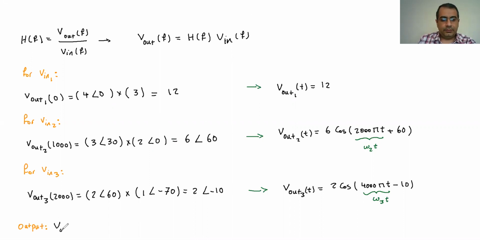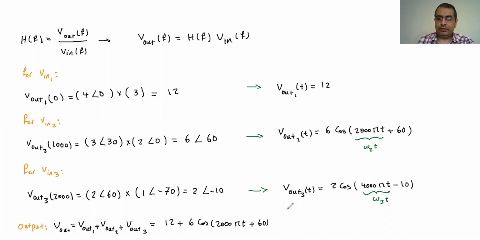V out is going to be V out 1 plus V out 2 plus V out 3, which is 12 plus 6 cosine 2000 pi t plus 60, plus 2 cosine 4000 pi t minus 10. So it's going to be our output signal.